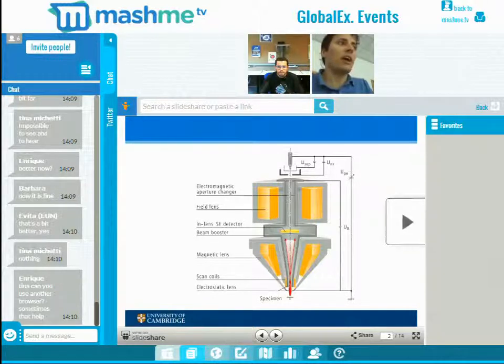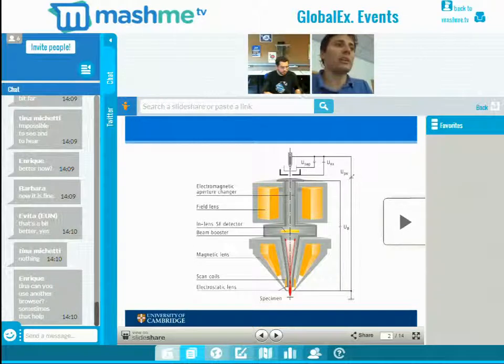And so the electron beam is focused into a really, really small spot using electromagnetic lenses, the electric field and magnetic field. As you can see at the bottom, the beam hits the sample, and then electrons are reflected back or scattered back into this lens. So this is an in-lens detector where the electrons are detected, and then you generate an image from that.